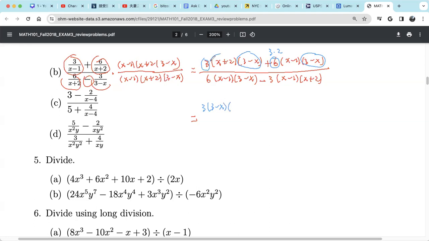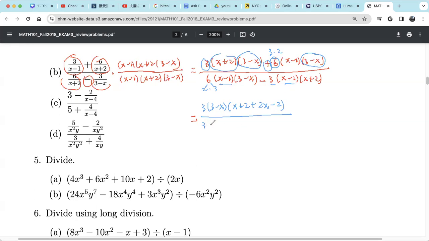Then we're left, for the first one, with x plus 2, plus the second one, we're left with 2 times x minus 1, or 2 times x, 2x, 2 times negative 1, negative 2. Denominator, we're going to do the same thing. So 3 is a common factor, right? Then x minus 1 is a common factor.